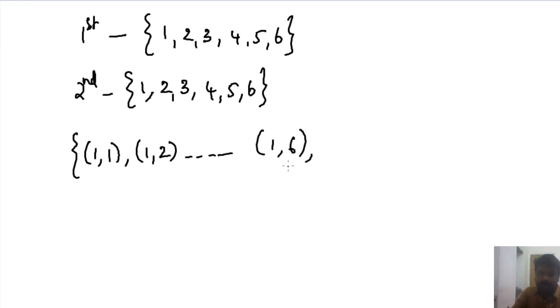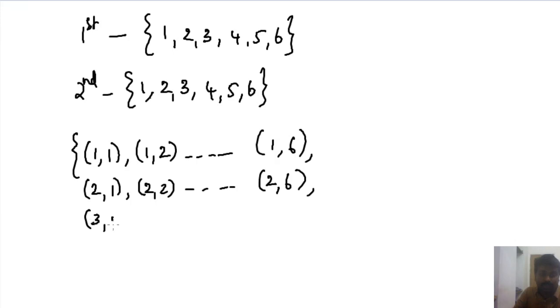The next set: the first die gave you 2, then the second die gives 1, then 2, 2, and like this up to 2, 6. Then the first die gives you 3, second die 1, then 3, 2, up to 3, 6.